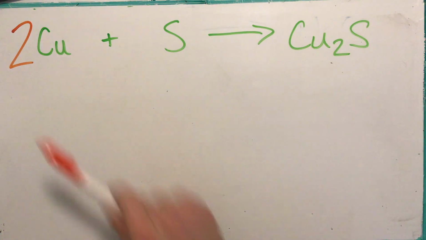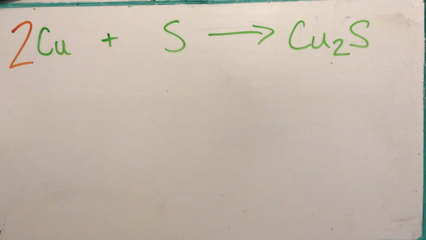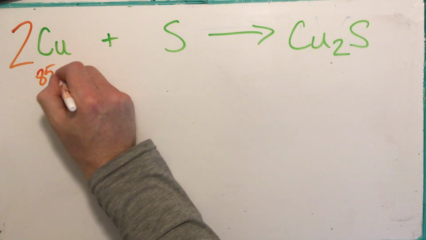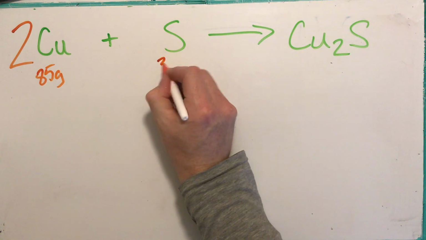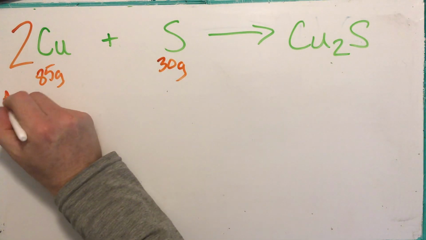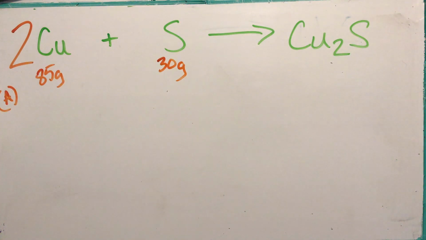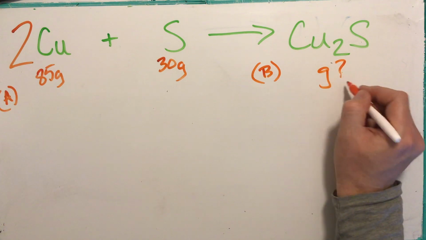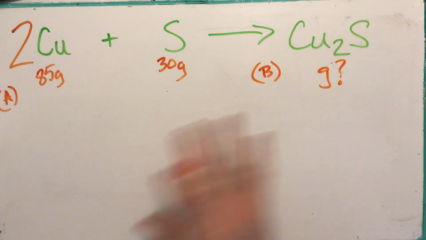The first thing, balanced equation, got it. And it said I have 85 grams of copper and 30 grams of sulfur. A is find the limiting reagent, and B was what is my maximum yield? So what mass of that product can be produced from this?